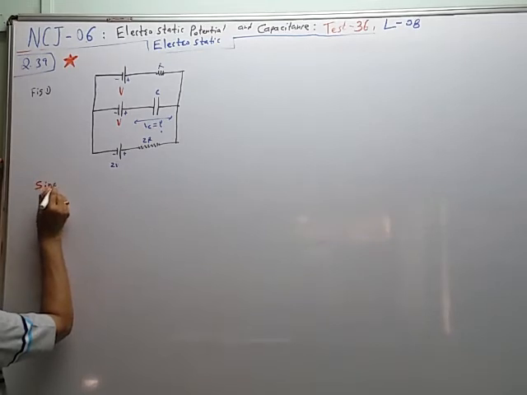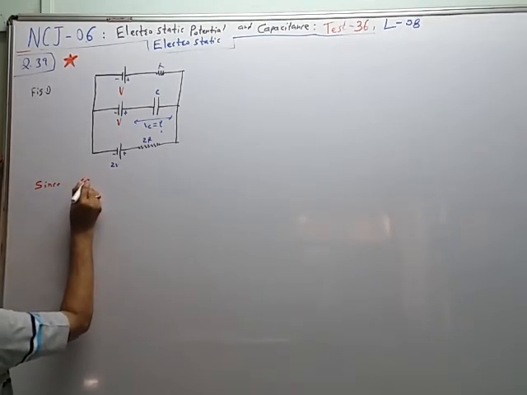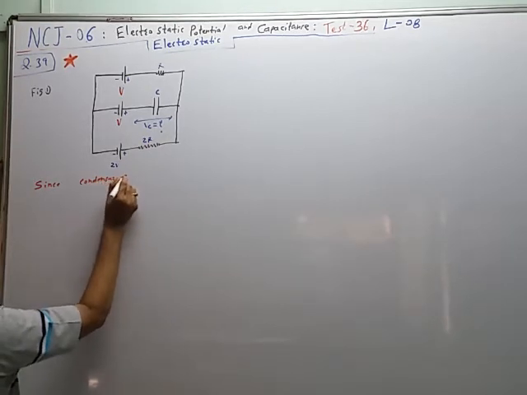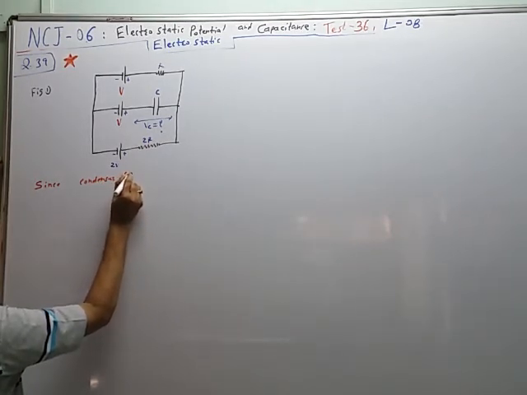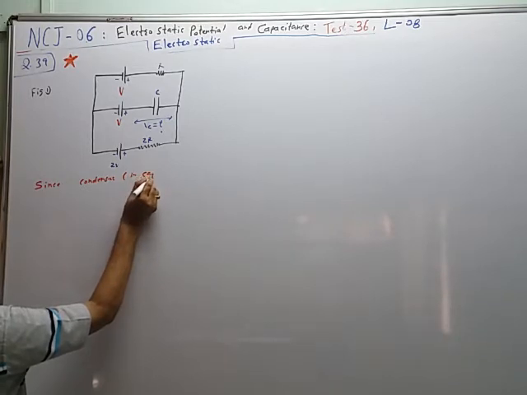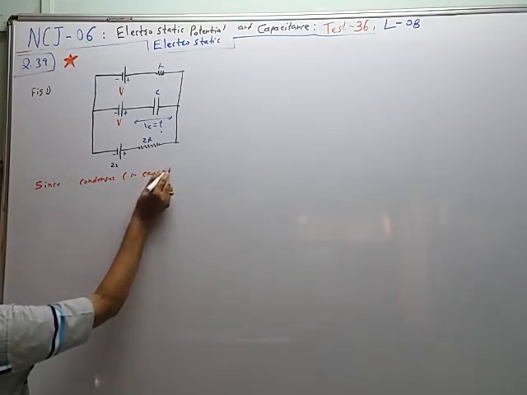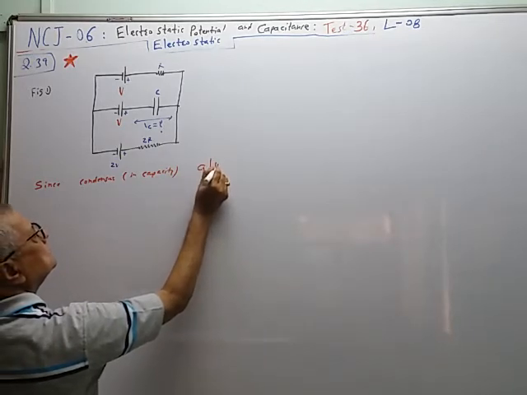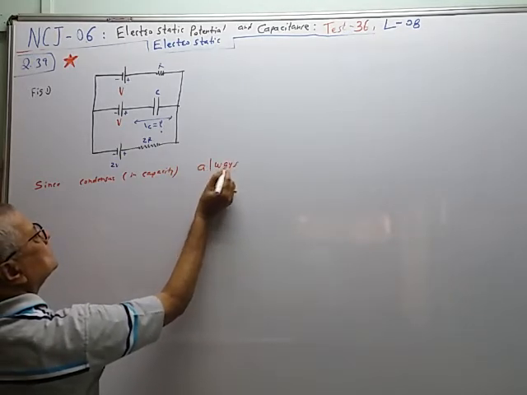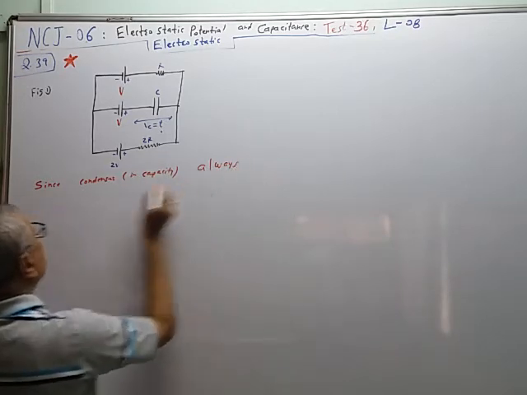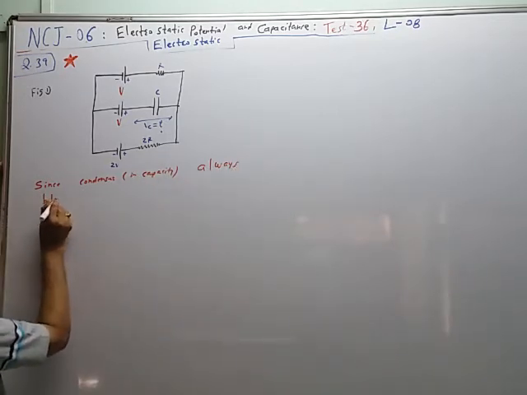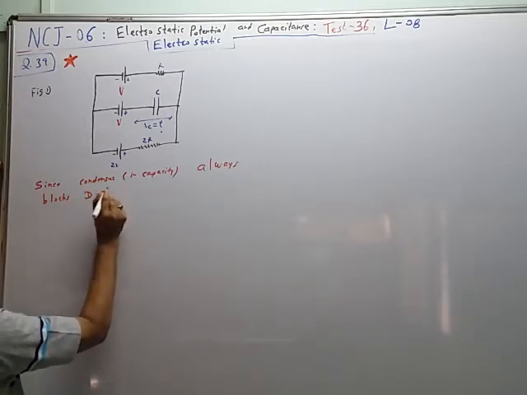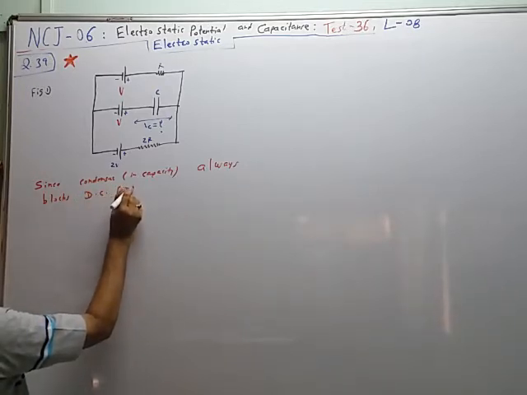Since condenser, that is capacitor, always blocks DC, direct current.